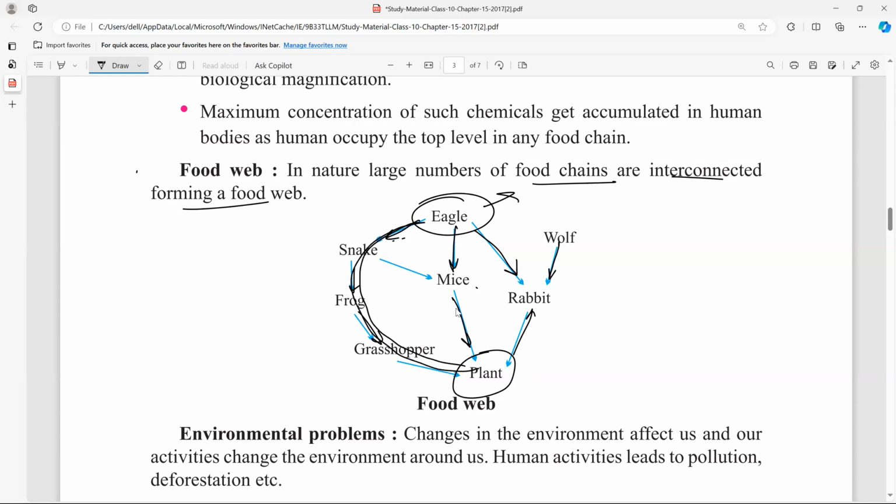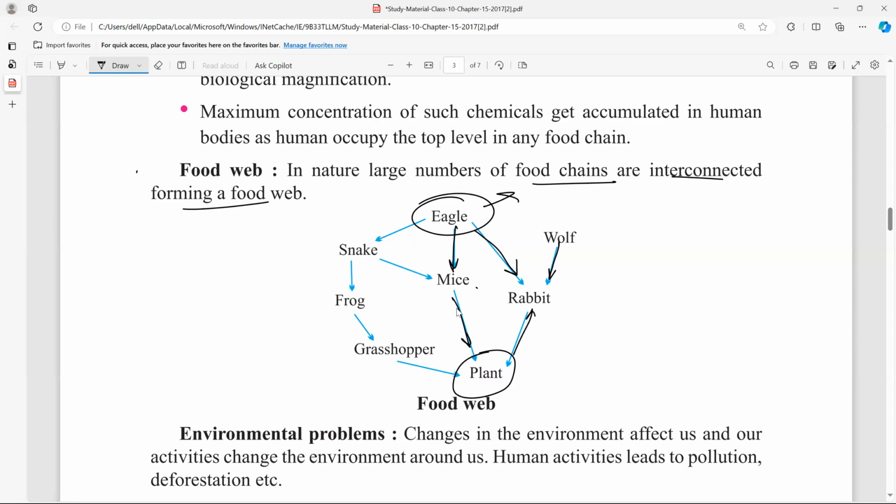When the eagle is eating a snake, it is not getting much energy, because a snake generally eats frogs and mice, organisms that are at the second trophic level. So eating a snake will not give you much energy.